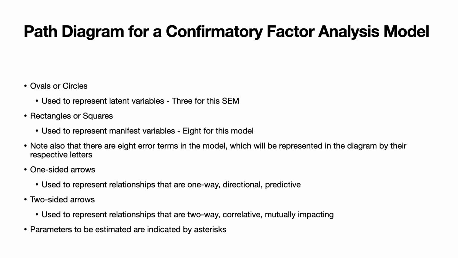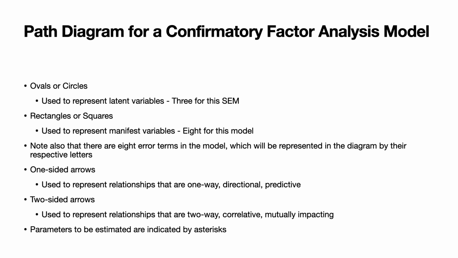We use rectangles or squares to represent manifest variables, and there will be 8 of those in this model. Note also that there are 8 error terms, which will be represented in the diagram by their respective letters, E1 through E8. In addition, one-sided arrows are used to represent relationships that are one-way, directional, predictive, in other words, the regression type of relationships.